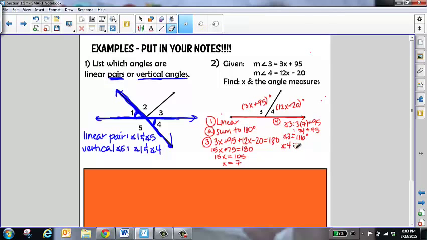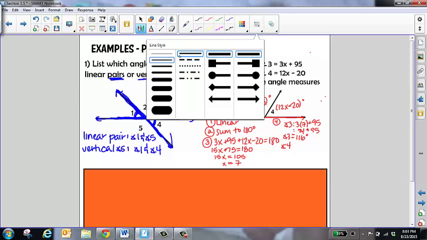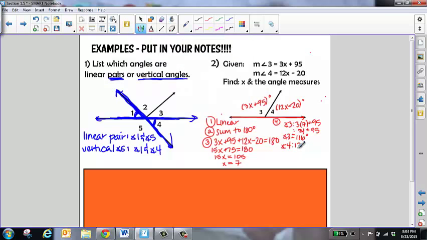So angle 4, we've got 12 times 7 minus 20. So this is going to give us 84 minus 20.